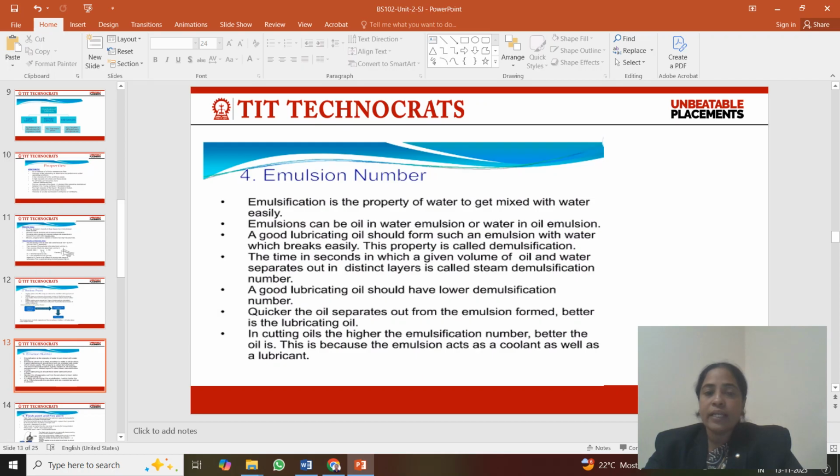With the help of it, you can easily check the rate of absorption of moisture by oil, because if the oil contains moisture, corrosion or rusting is produced over the surface of the machine whenever the machine comes in contact with heat or moisture. The quicker the oil separates out from the emulsion of water, the better is the lubricating oil. In another way, a good lubricating oil should contain a lower emulsification number.